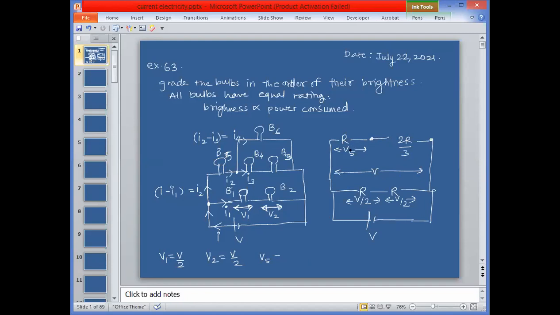So my voltage is equal to my resistance upon total resistance, R upon R plus 2R upon 3, multiplied by total potential difference, which is equal to V. Tell me what is this answer? R upon R plus 2R upon 3 becomes 3R upon 3R plus 2R, which is 5R. R and R cancel. That will be 3 by 5.